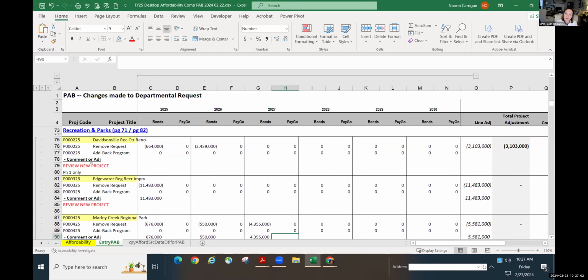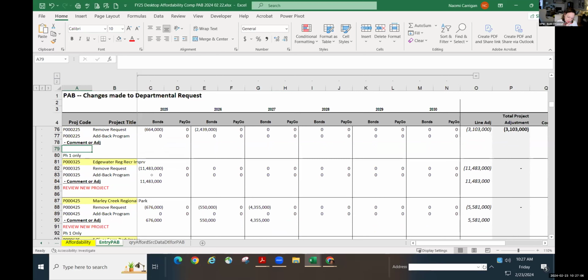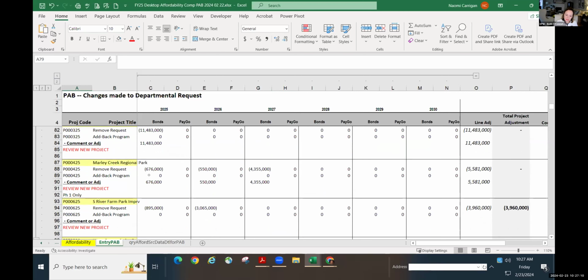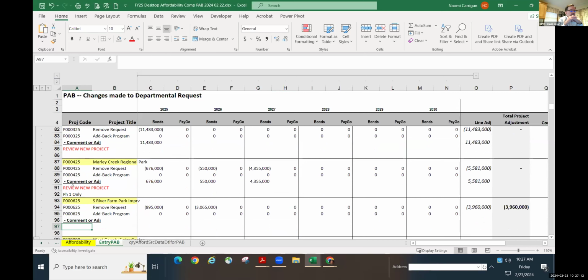David, do you mind clarifying what that phase 1 of Marley Creek encompasses? It's basically getting infrastructure to the site and some passive improvements like paths and trails, without getting into any actual recreational type facilities.